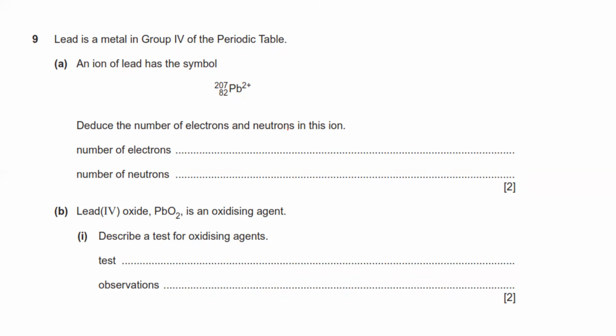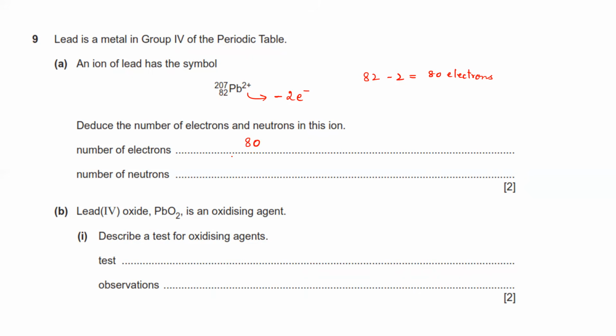So number of electrons: if this is lead, the number of electrons is equal to 82, but it is 2 positive, it means that it has lost 2 electrons. So 82 minus 2 is 80 electrons. So 80 electrons.